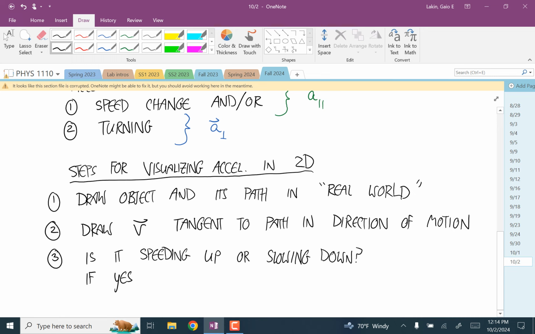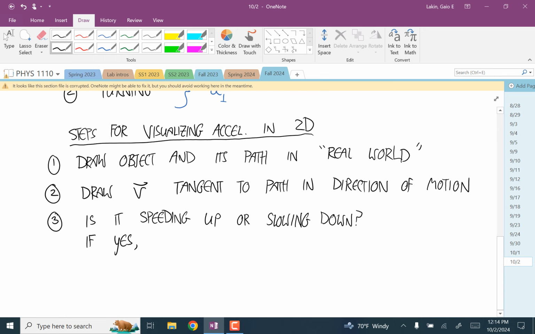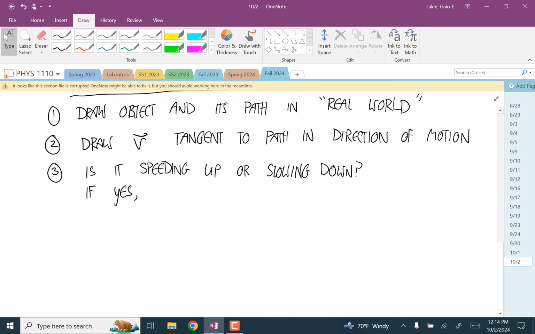If yes, then if it's speeding up, draw the part of the acceleration parallel to the velocity.